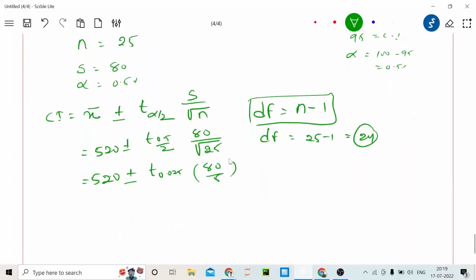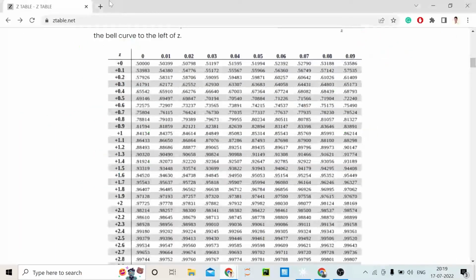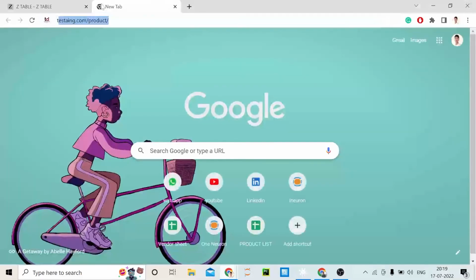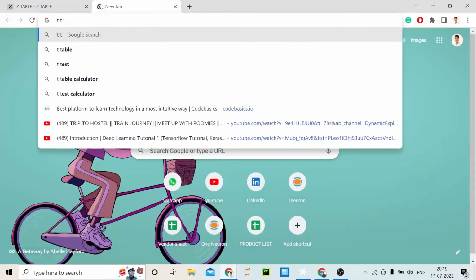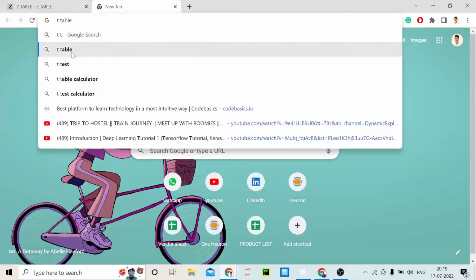Now we will go to the t table and see where our 0.025 value is. We go to Chrome and search for the t table.